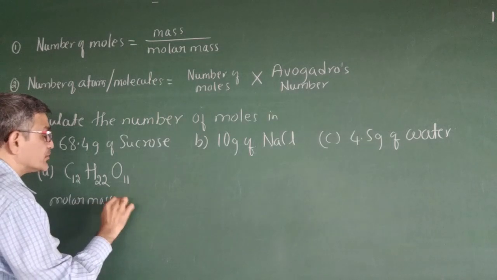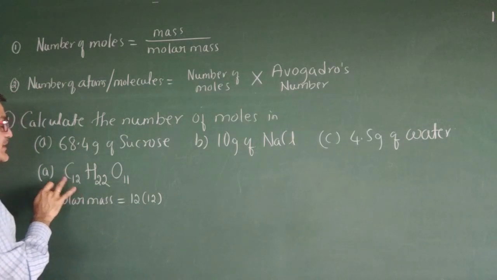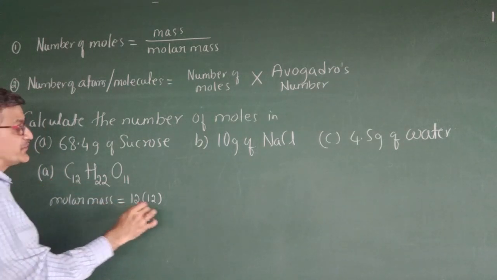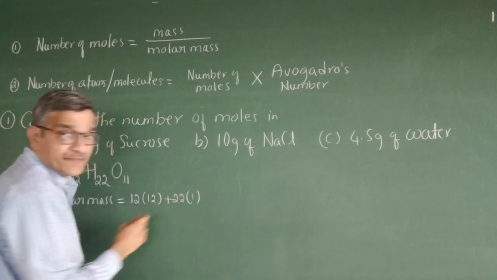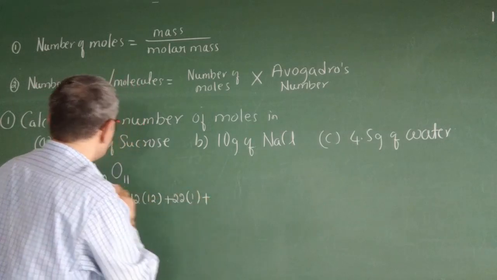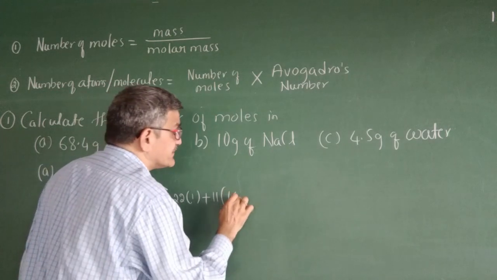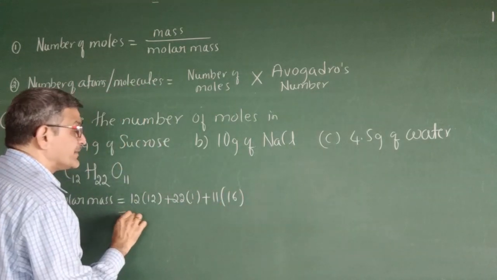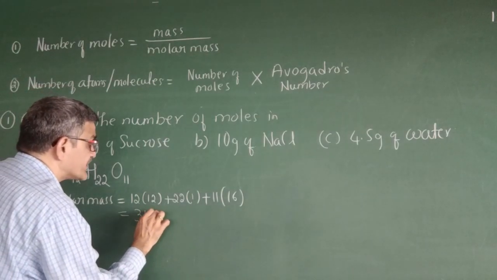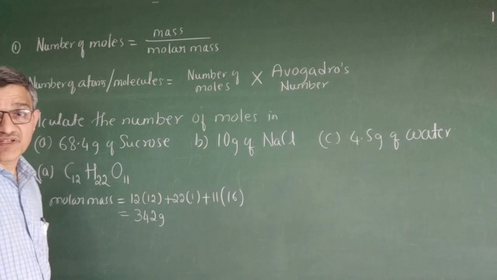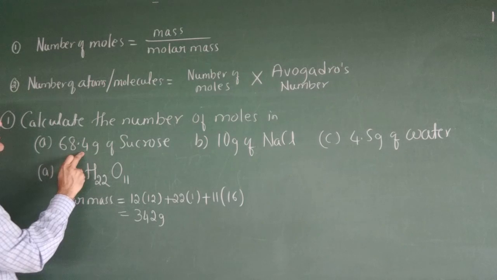Molar mass equals 12 into 12, since there are 12 carbon atoms and carbon atomic mass is 12, plus 22 into hydrogen atomic mass of 1, plus oxygen 11, atomic mass of oxygen is 16. If you work this out, it becomes 342 gram. Okay. So we got the molar mass, we know the mass 68.4 grams, and put it there.